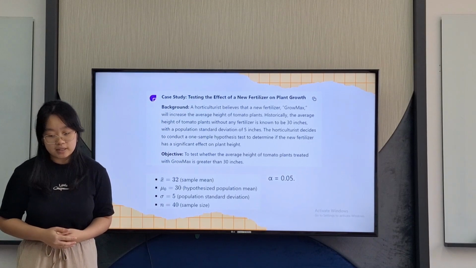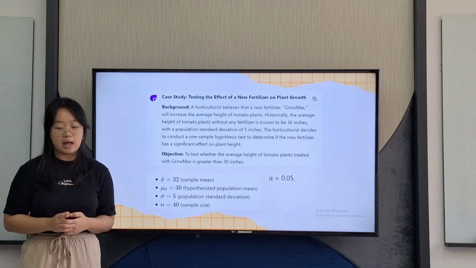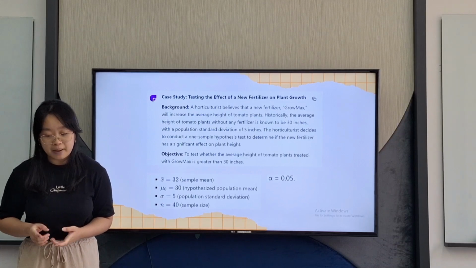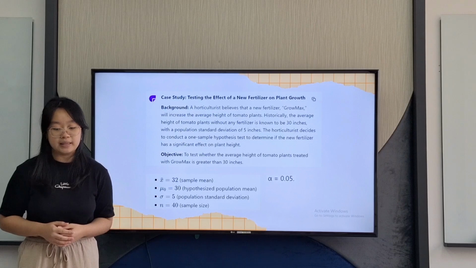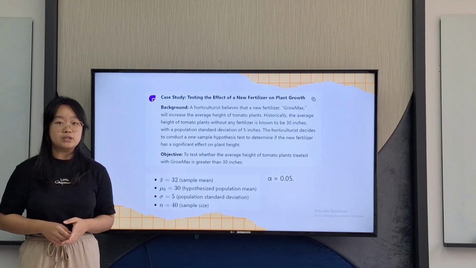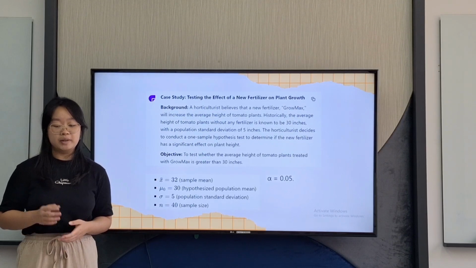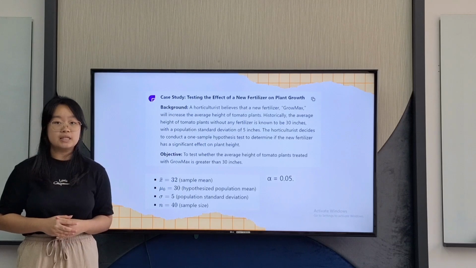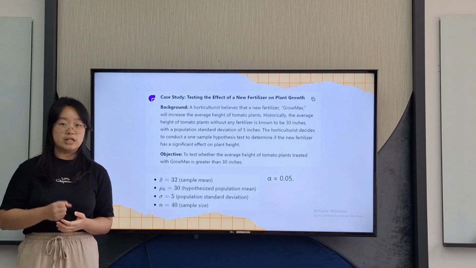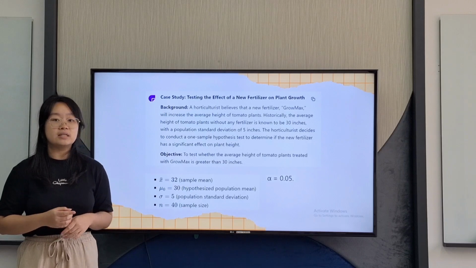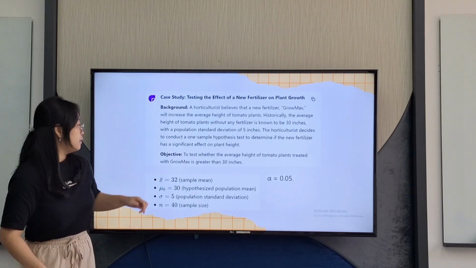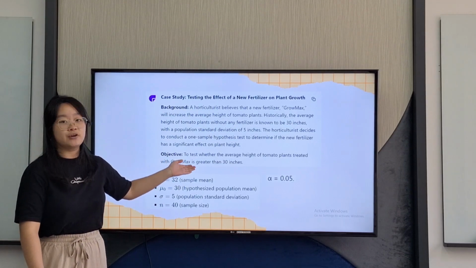The horticulturist decides to conduct a one-sample hypothesis test to determine if the new fertilizer has a significant effect on the plant height. The objective is to test whether the average height of tomato plants treated with GrowMax is greater than 30 inches. Here we can know that it is a one tail because the keyword here is greater than.